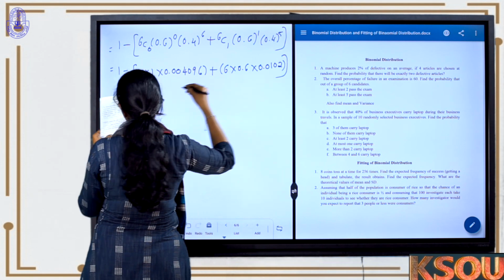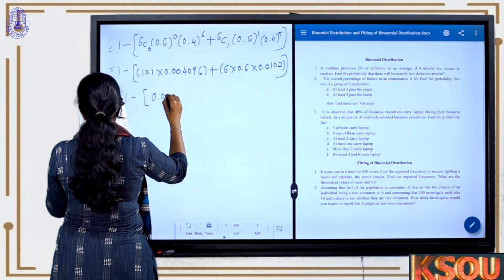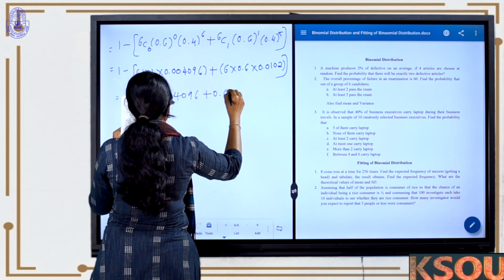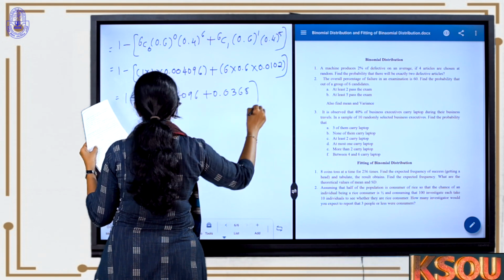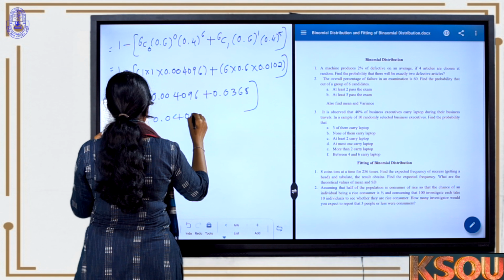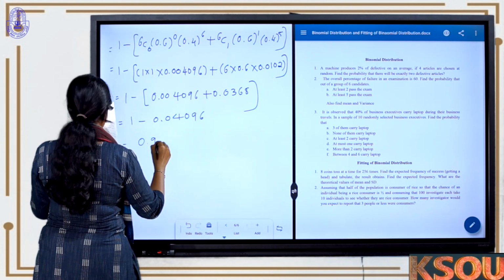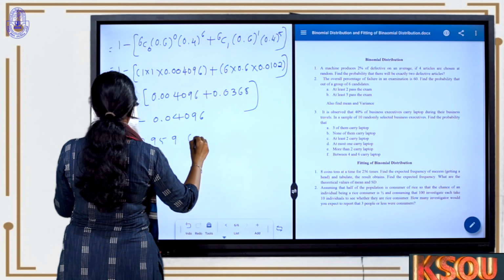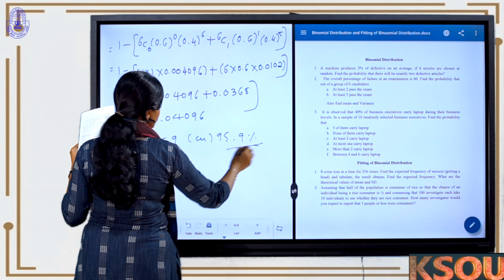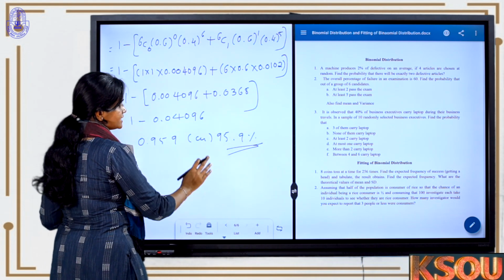Then 1 minus 0.004096 plus 0.0368. Then 1 minus 0.04096, so you will get 0.959 or 95.9%.